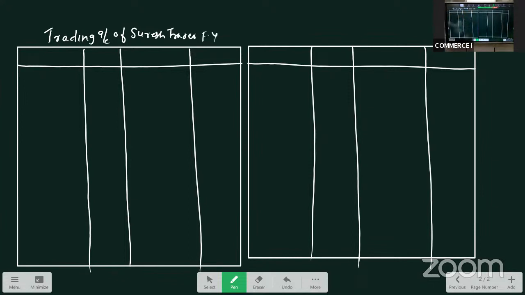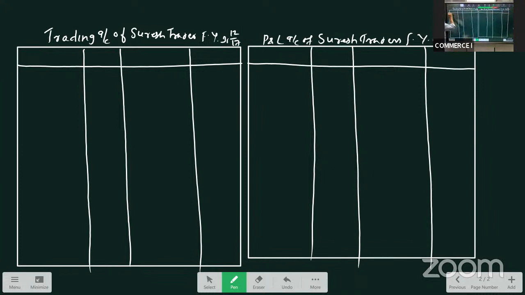Trading account of Suresh Traders for the year ended on 31st December 2017. Similarly, profit and loss account of Suresh Traders for the year ended on 31st December 2017. Okay, ready?